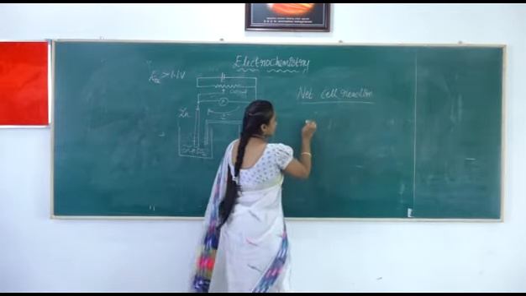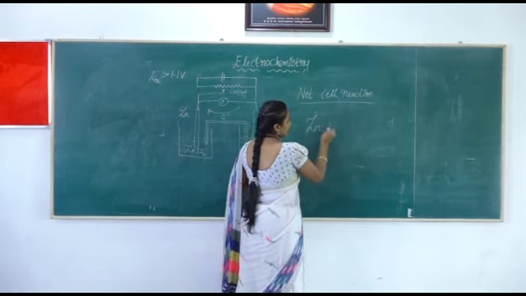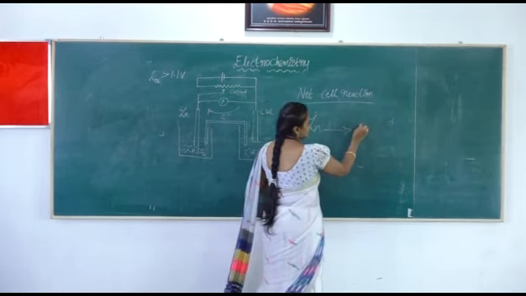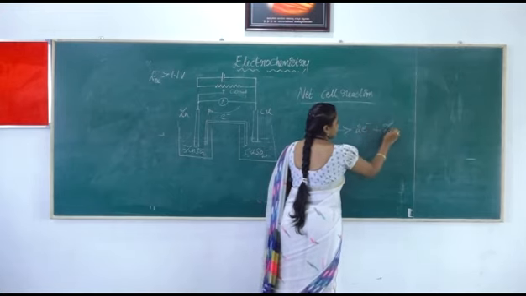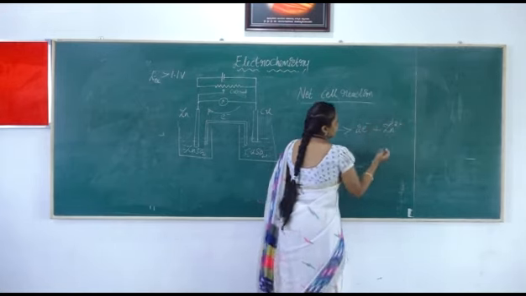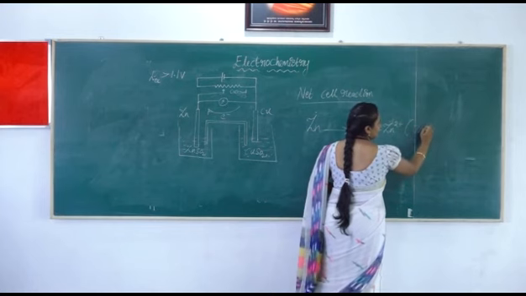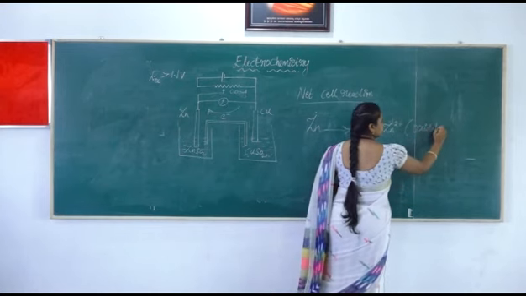The net cell reaction is like this. Our zinc has the capacity to lose electrons and be converted into Zn2+. Losing electrons means oxidation.